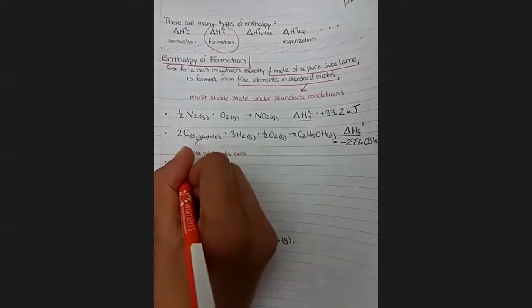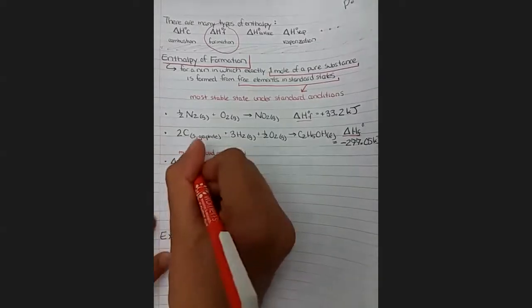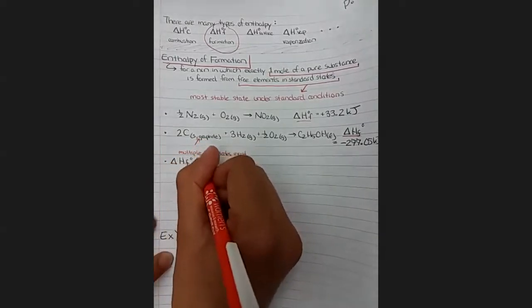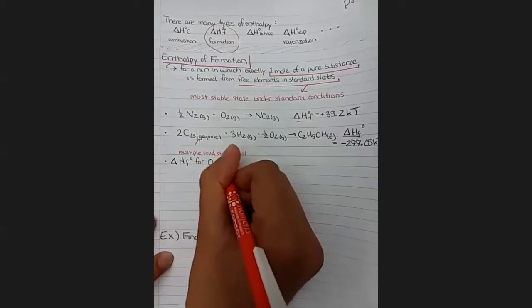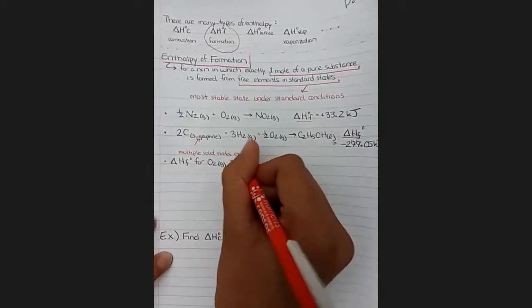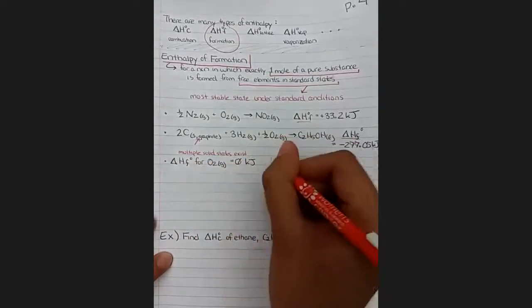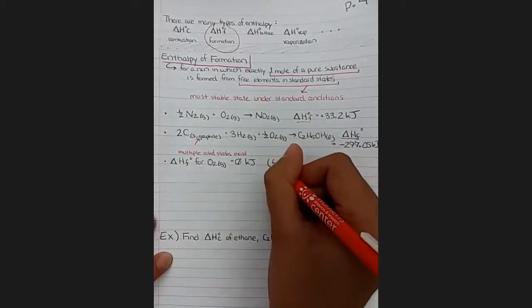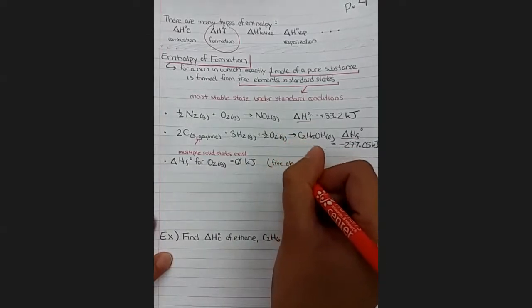Okay, and one more example, the delta H of formation for oxygen is going to be 0. And that's because oxygen is a free element in its standard state.